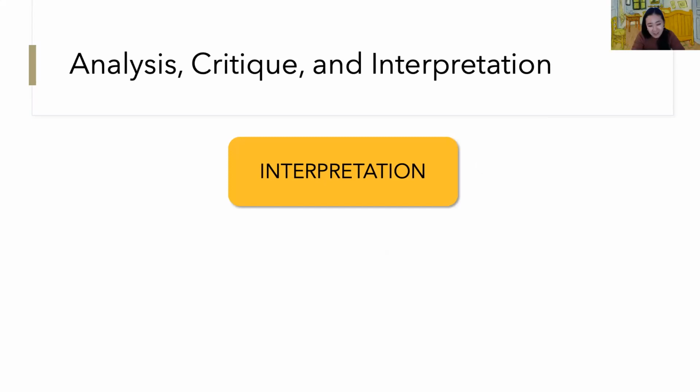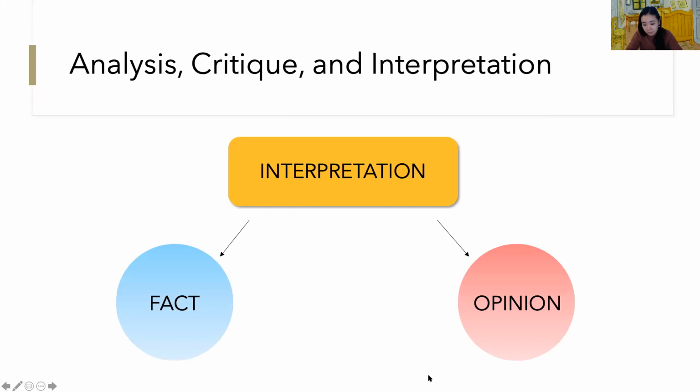All right. It could be said that all interpretation involves a balance between fact and opinion. Analysis involves careful consideration and discussion of specific aspects of an artwork, while critique offers a theoretical framework for understanding it.